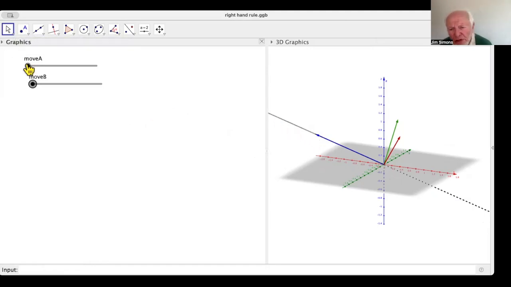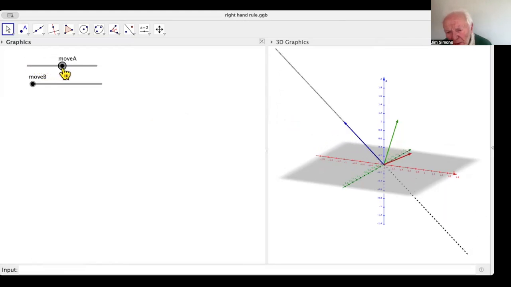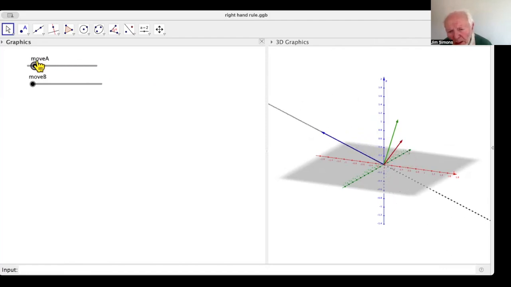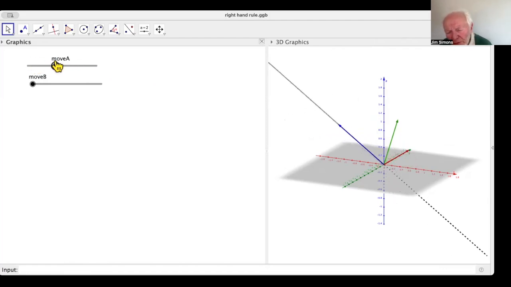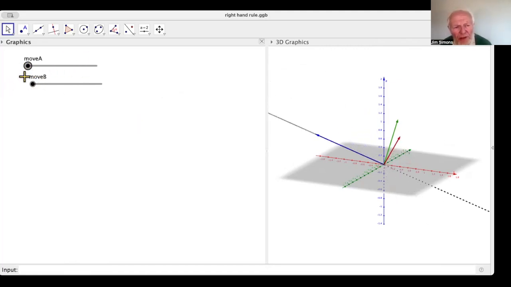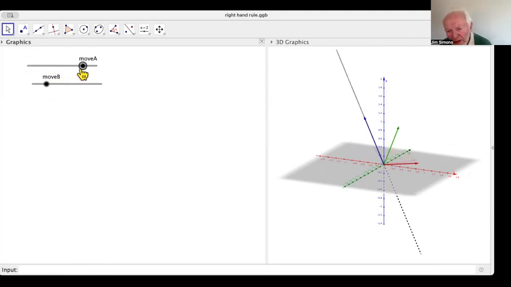So let's do that. First I move A to i, like so, and we see that the cross product moves continuously. The only problem here is if I happen to go through a scalar multiple of rho, and the worst case is if rho is actually a scalar multiple of i. Well, if that's the case, before I start I just move B aside a bit. It's still a continuous move, and that's all right. Then I move A to i, and that's fine. And then I move B to j.